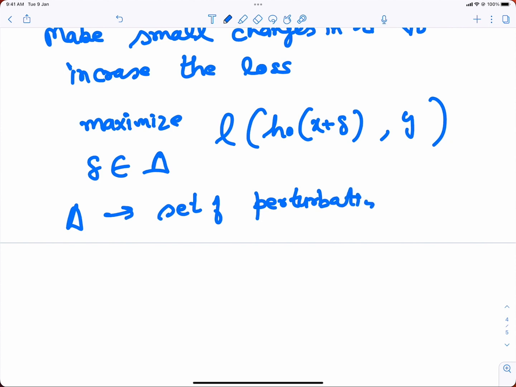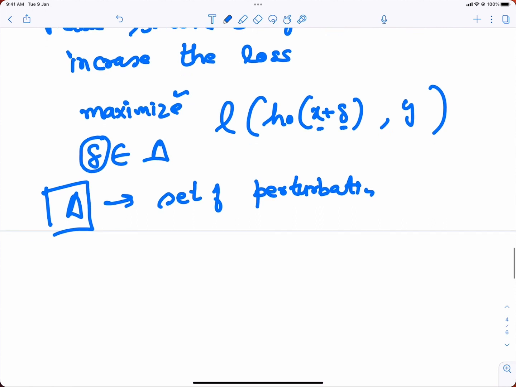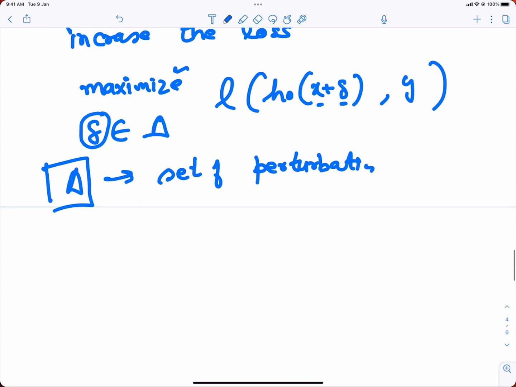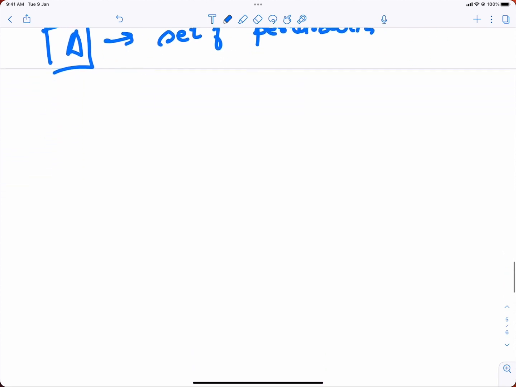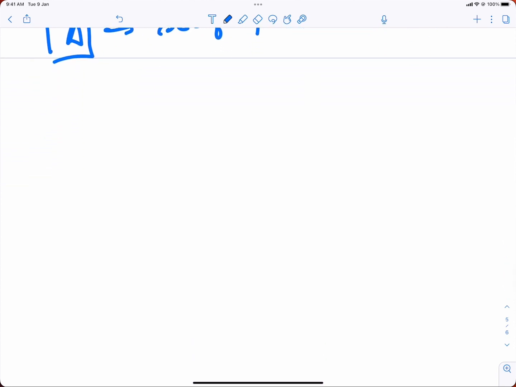So this is a set of perturbations, and the adversary wants to find one perturbation so that if this delta is added to x, this loss is maximized. And if the adversary wants to maximize this, what is to be minimized? The negative of this function, because we always use the neural network to minimize, not to maximize.